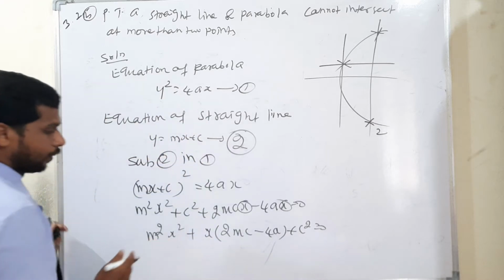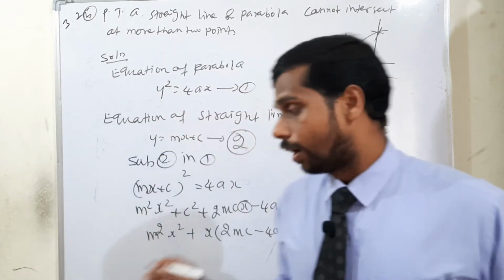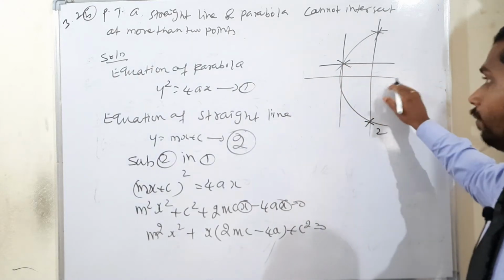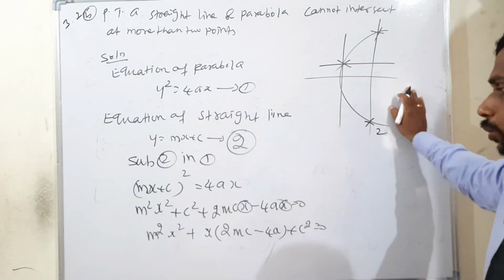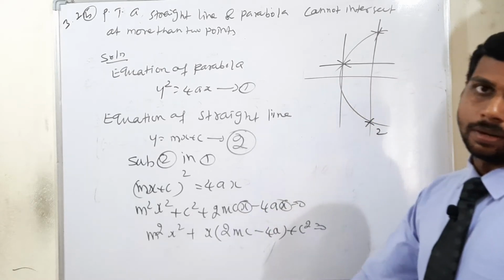See, this is also a quadratic equation with degree 2. So definitely we can say, as I already told you, if you draw a straight line with the parabola, we will get a maximum of 2 solutions. Here the condition is also proved. So degree 2 means definitely 2 solutions only.